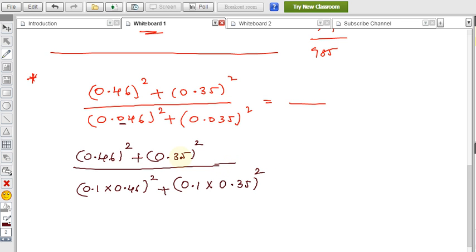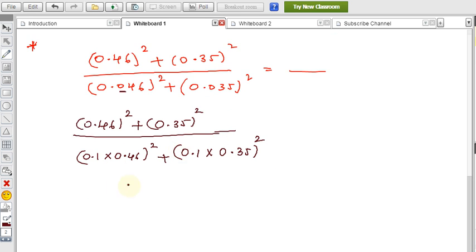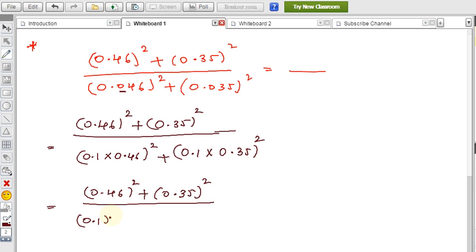So if you take 0.1 common in the denominator, 0.46 whole square plus 0.35 whole square, by 0.1 whole square common. The numerator and this get cancelled.